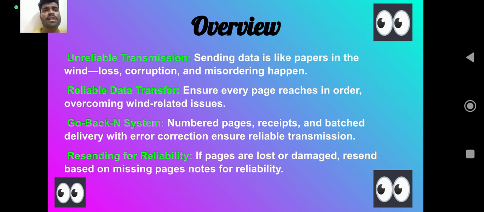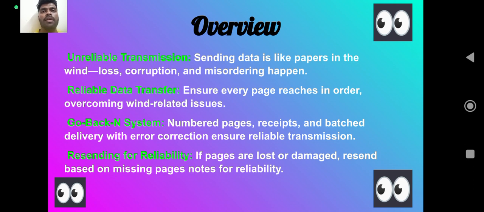Now let us see the overview. Unreliable transmission: sending the data is like papers in the wind. That is, when the data is transmitted from sender to the receiver, there can be noise in the transmission medium. Due to this, there can be a loss of data.